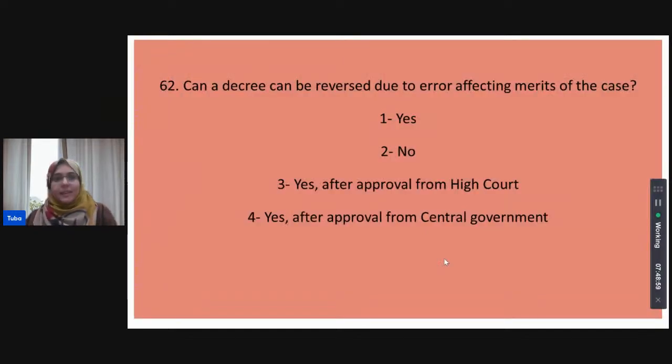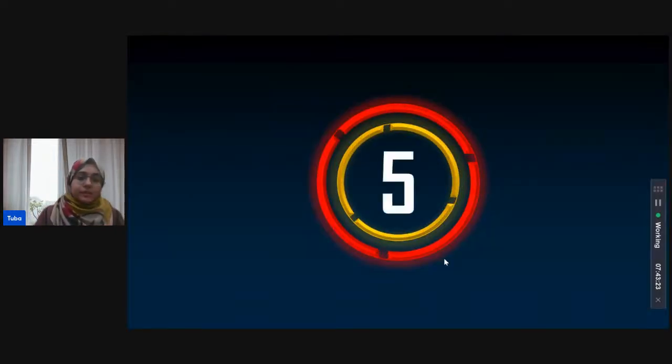Next question. Can a decree be reversed due to error affecting merits of the case? Yes or no, or yes only after approval from the High Court, or yes only after approval from the central government? I'll start the timer now.